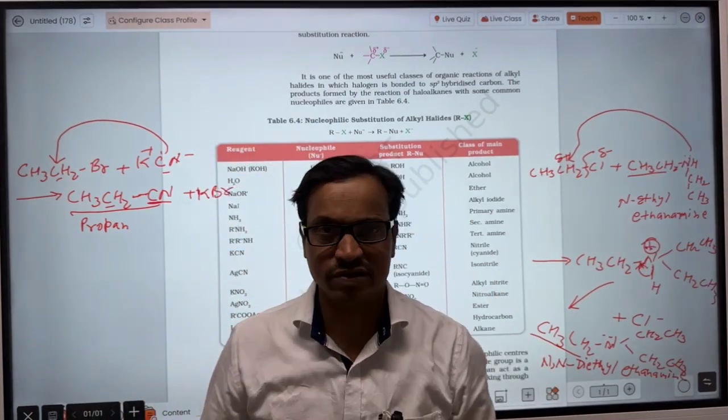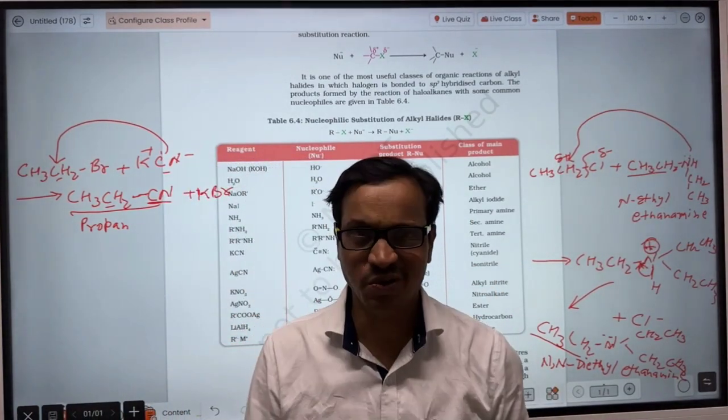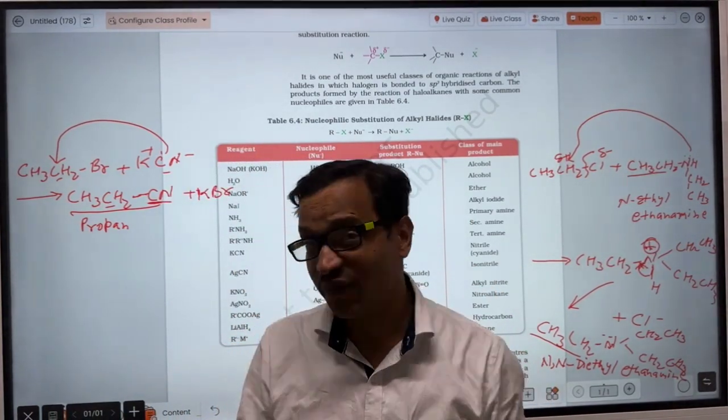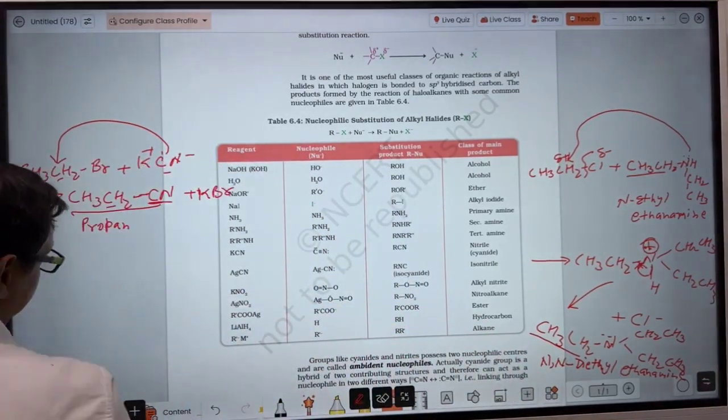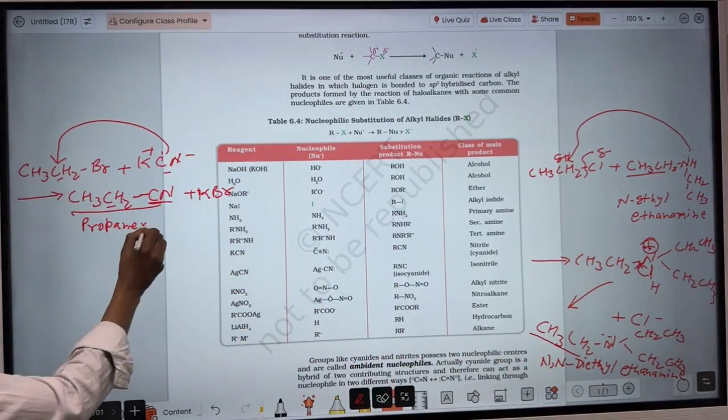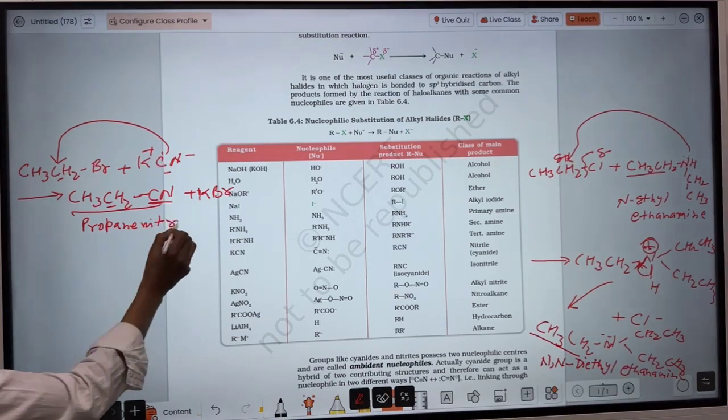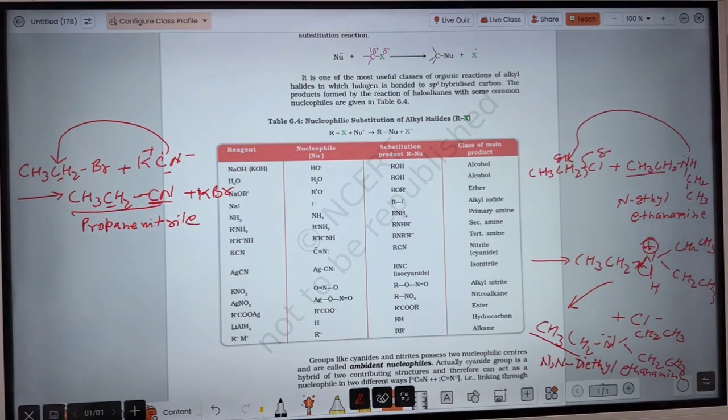N is a consonant, not a vowel, so the vowel E of alkane will not be replaced. So it will be called propanenitrile, and KBr. Now the reaction with AgCN.